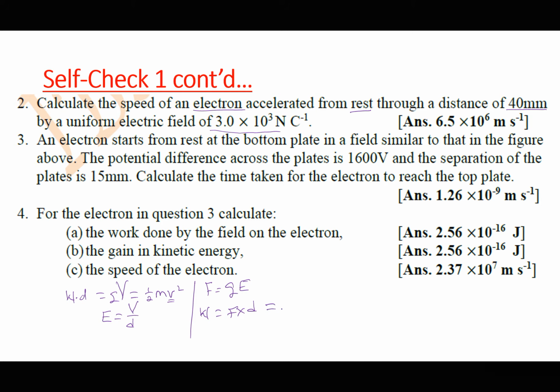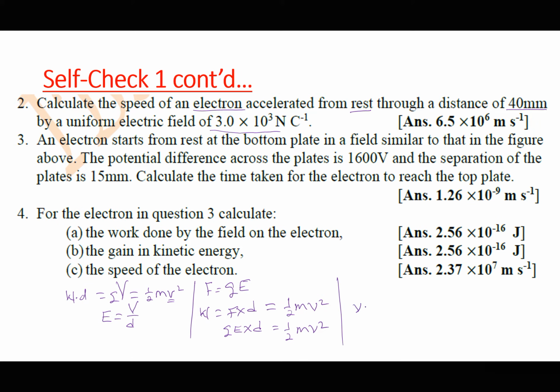Since the work done is the gain in kinetic energy, I think this is more direct. So this will be a half mv squared. The force is Q times E. So I will say Q times E times D is equal to a half mv squared. This is more direct.